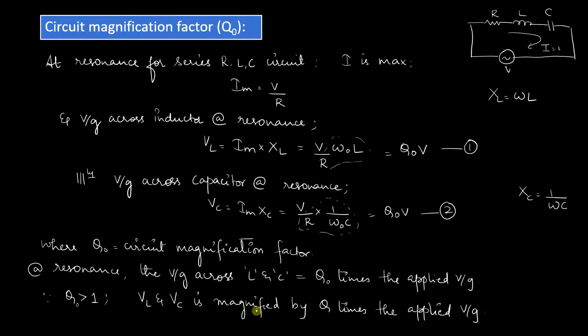So hence this term is called the circuit magnification factor. Clear? Which is very much evident from equation 1 and 2. Is this clear? Everybody? Okay. If it's clear, we'll move into the next one, that is the next derivation.